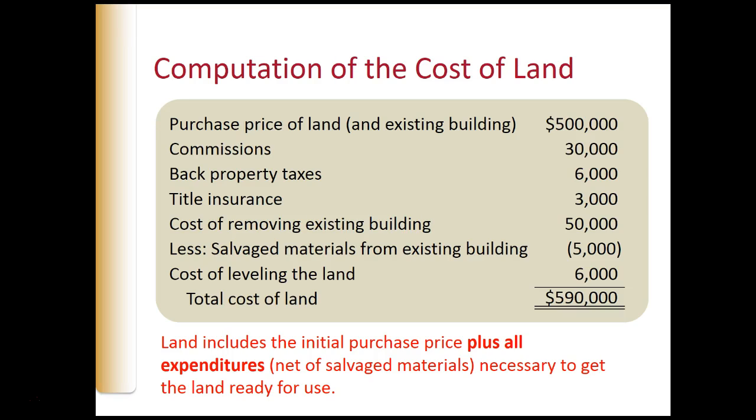Now the way that is determined is by the purchase price, the commissions, any back property taxes, title insurance, which is a cost of purchasing the land, cost of removing the existing building, minus any salvaged materials that we received money from the existing building, plus the cost of leveling the land, give us a total asset on land of $590,000. Let's look at a problem here.